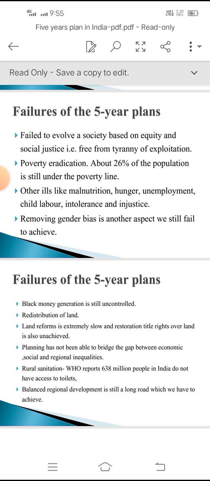So this is another pathetic problem. The economic divide is something we can't stop and can't rectify. On rural sanitation, the World Health Organization reports that 638 million people in India do not have access to toilets. Balanced regional development is still a long road which we have to achieve.